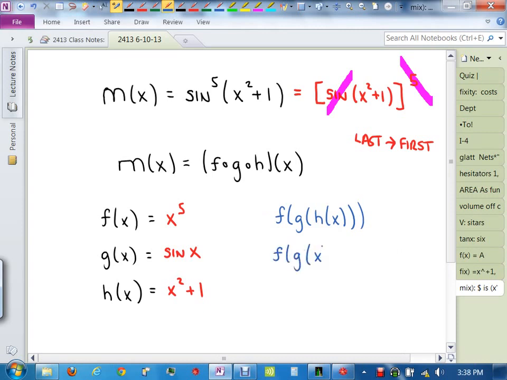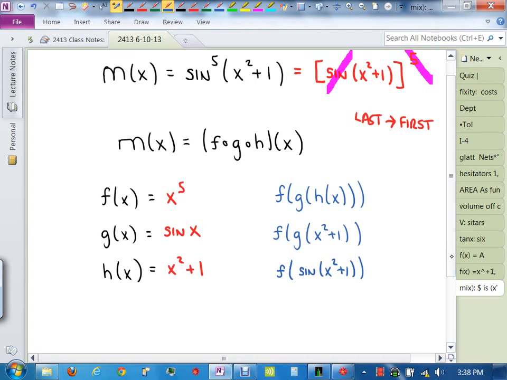H of x is x squared plus 1. Take x squared plus 1 and plug it into g. What would you get? Sine of x squared plus 1. And now take that and plug that into f. Sine of that, all raised to the 5th. So I just put the 5 there. So that checks.